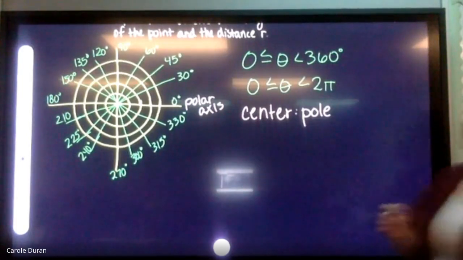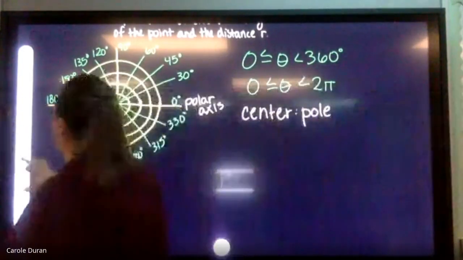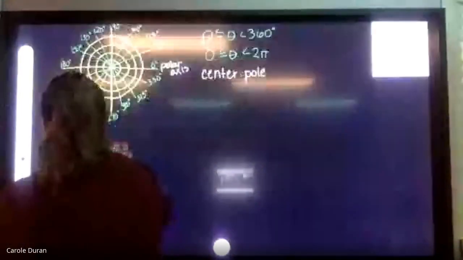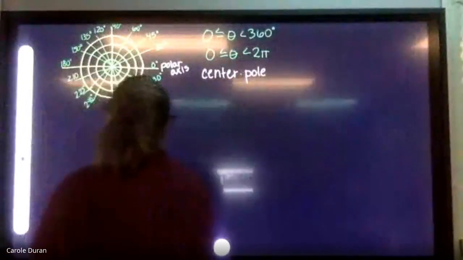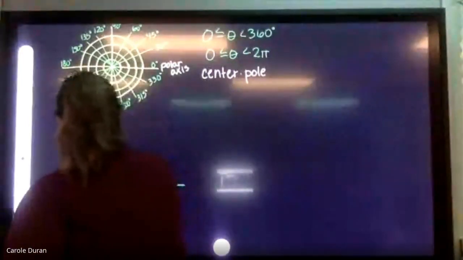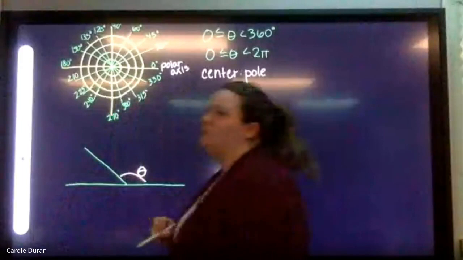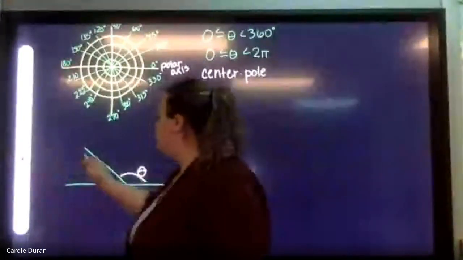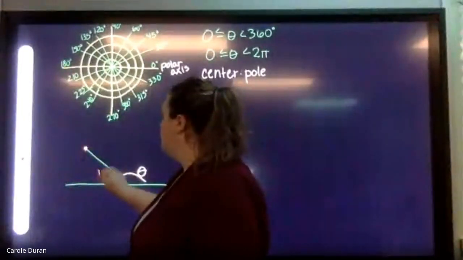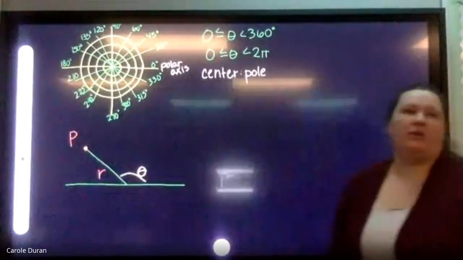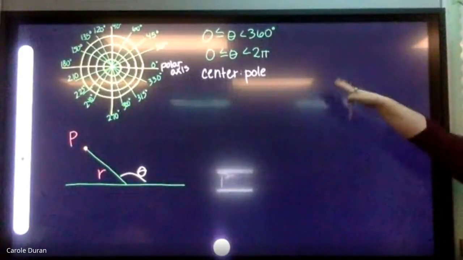Okay, so when I look at a point on my polar coordinate system, this is a point that is created by an angle starting at 0. And each of these points has a distance from my polar center, so my center pole.